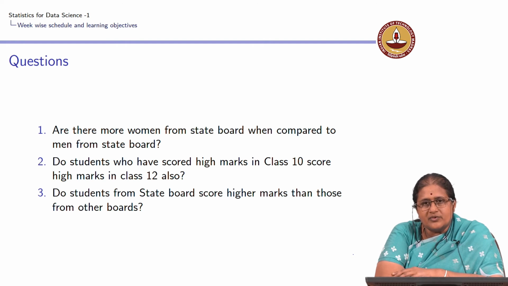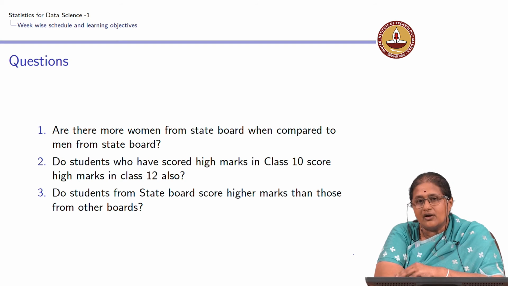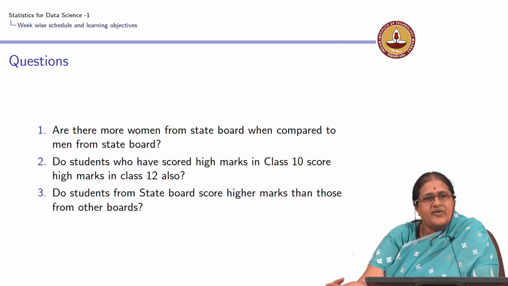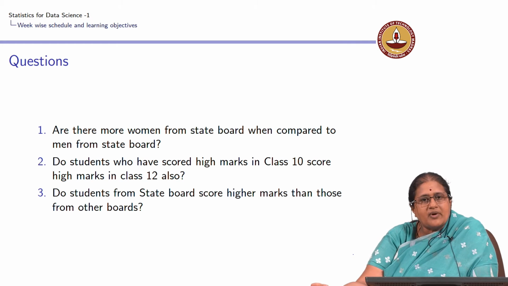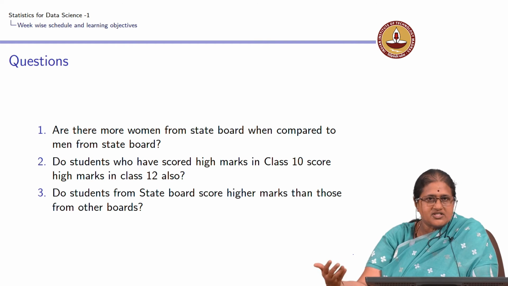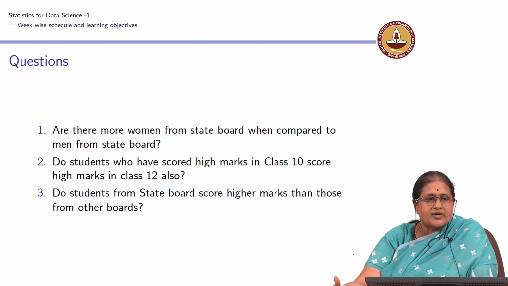I want to give a word of caution here. We are not asking whether A causes B or B causes A. We are just interested in answering the question whether a student who obtained marks in class 10 does equally well in class 12. This is a very natural question to ask. Or do people from state board score higher marks than people from other boards?